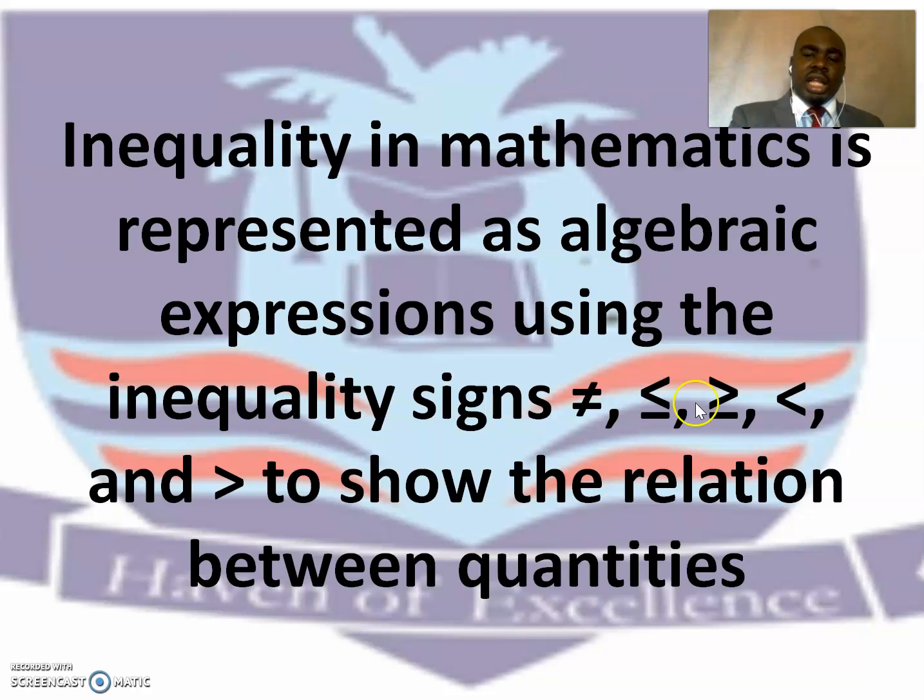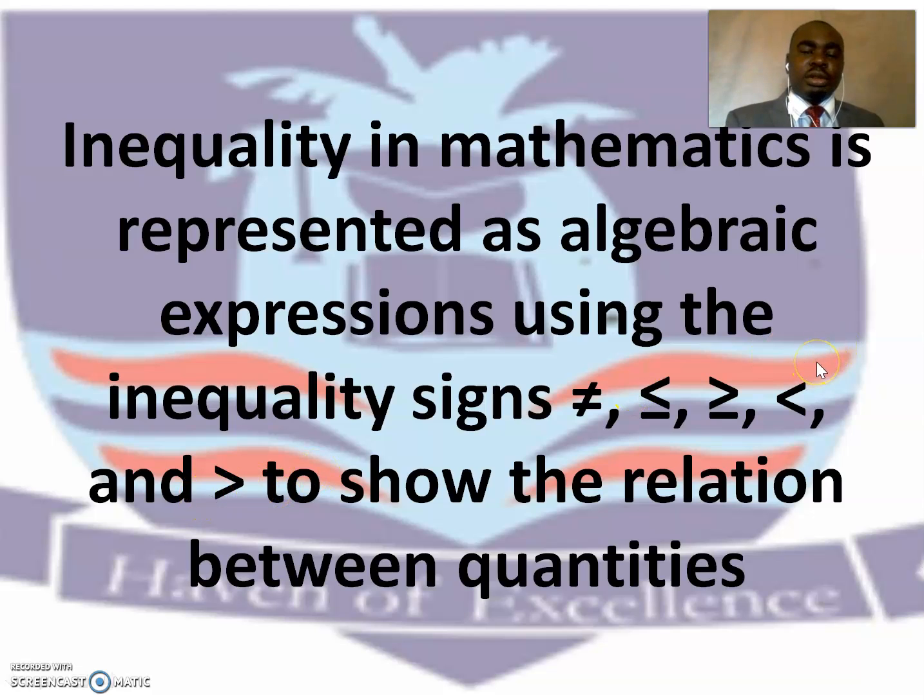So, if we want to measure the number of students present in a class at any point in time, we are more likely going to be using this sign or this sign because there is a possibility that they will be equal at certain points. However, if there is no possibility of them ever being equal, then we use these two signs.